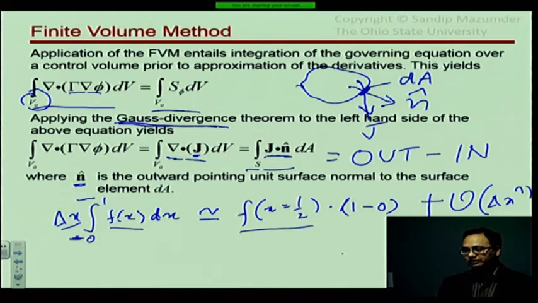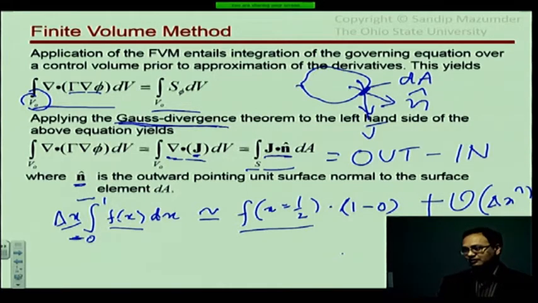In other words, every quantity that you have, you're storing it at the cell center, and the cell center value essentially you're assuming represents the average. Whether it's in a volume or whether it's at a surface area, same thing.